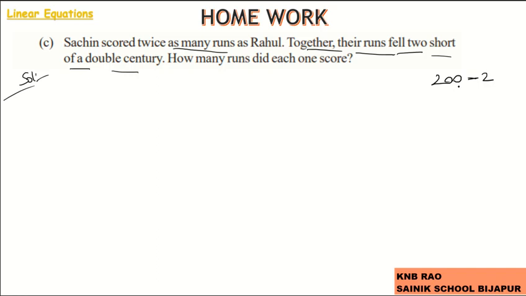So, 2 less than 200 is 198. So, this sentence 2 short of double century is 198. How many runs did each one score? That means here both are unknown.